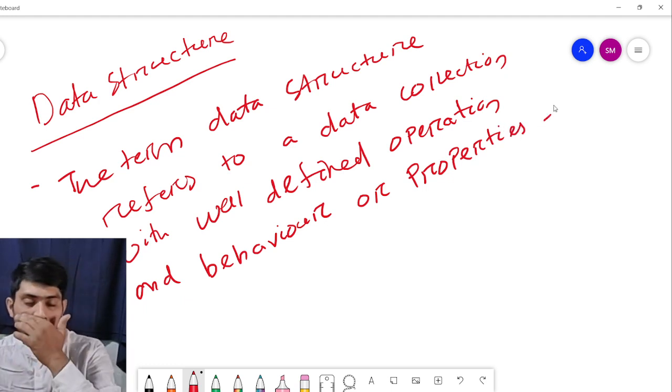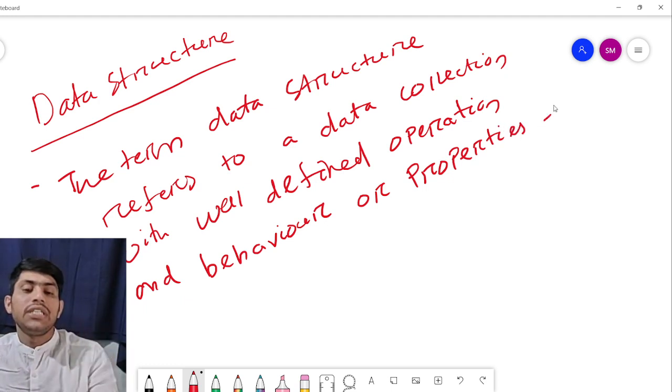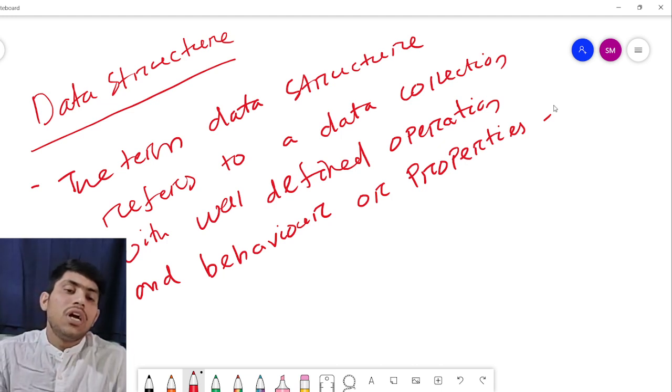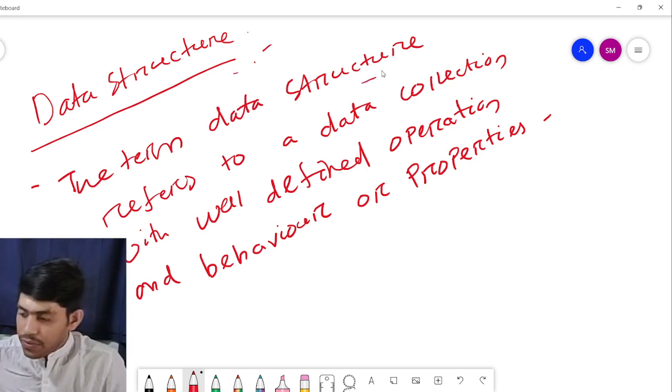So I think everyone is clear what a data structure is. It refers to a collection of different types of data with well-defined operations and behavior, their properties. That is the definition of data structure.